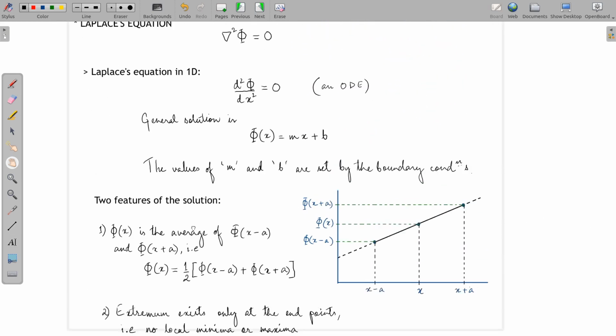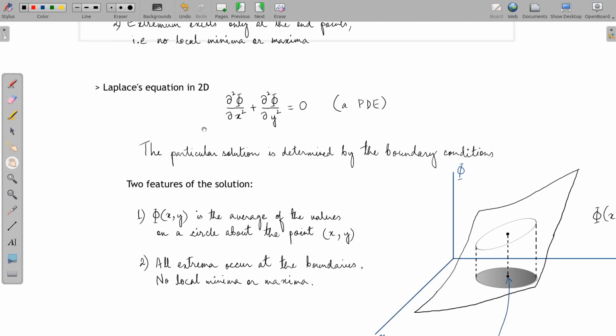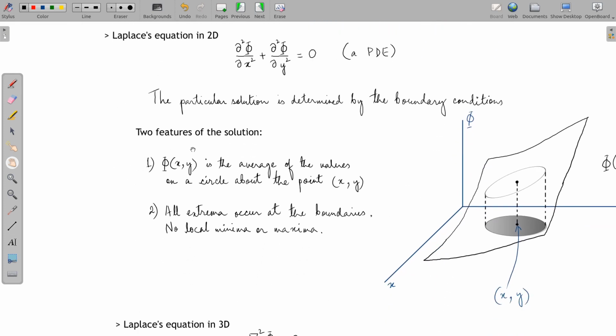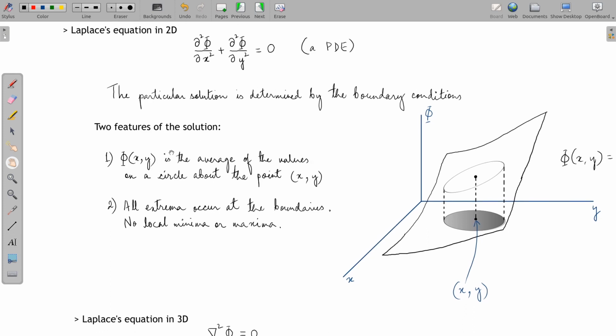So this gives us a brief analysis. It gives us a feel for what could be the behavior of the Laplace equation. Suppose you get a solution to the Laplace equation. Whether your solution is valid or not, you can test it very easily by trying out if it satisfies these 2 features.